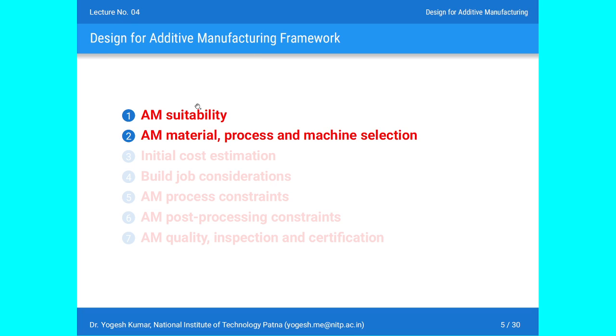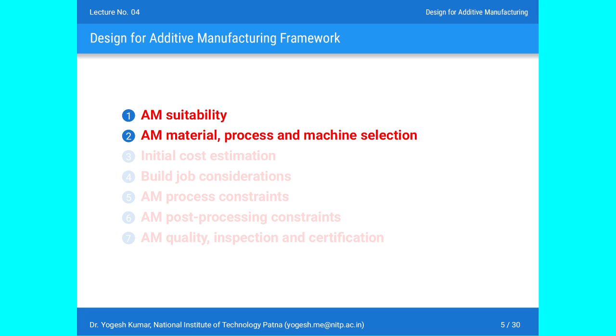Okay, so the first step is suitability, that is suitability of additive manufacturing process based on your requirement. What kind of product you want to produce, whether the product needs to be produced by additive manufacturing or not, because this process is complex as well as costly.